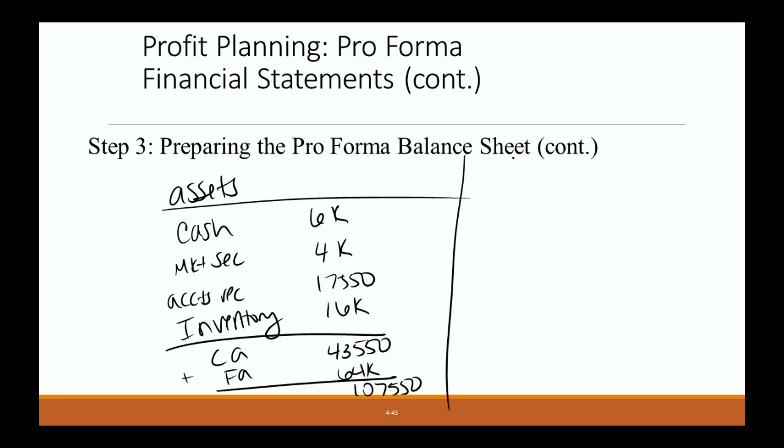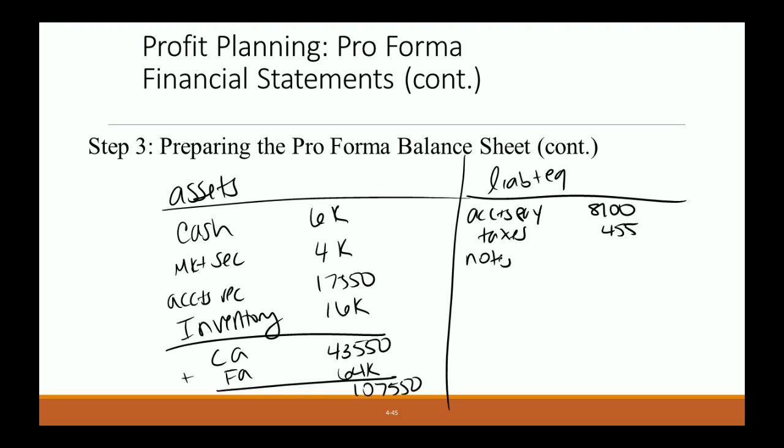So now we can do our liabilities and equity. We have our accounts payable. Assumption number 5, $8,100. Taxes payable, assumption number 6 is $455. Notes payable does not change. Assumption number 3, so that's $8,300. Our other current liabilities also do not change, which is assumption number 3.